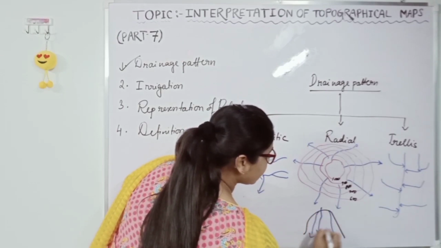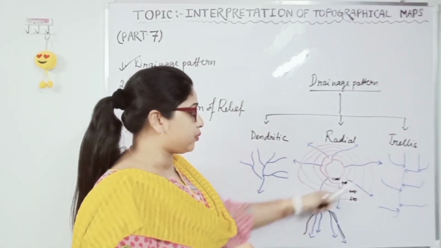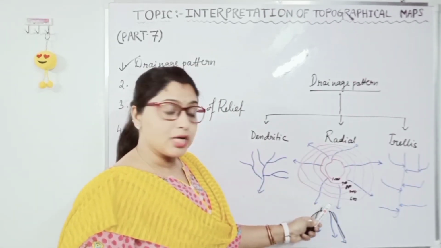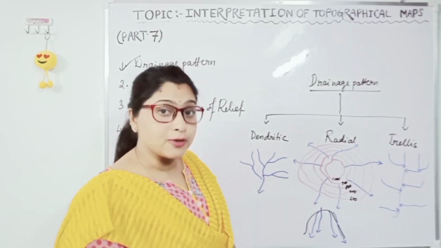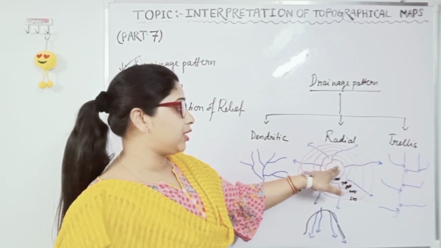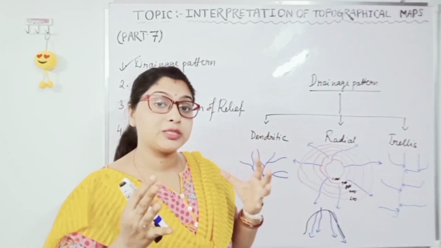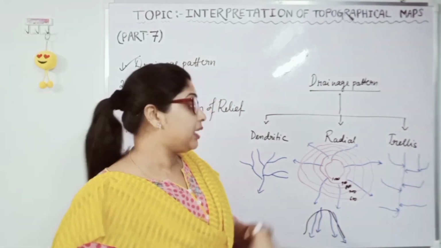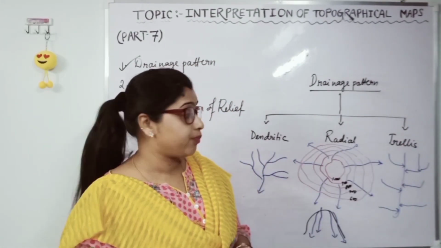In the topo map we can't see this kind of feature, so we have to know how this radial drainage forms. It is a characteristic that radial drainage will always have closely placed contours. Next, number 3, trellised or trellis drainage.